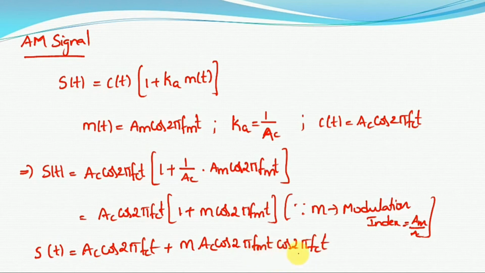Here we are obtaining the product of two cosine signals, cos A cos B. From the trigonometry properties, cos A cos B is equal to 1 by 2 into cos of A plus B plus cos of A minus B. Substituting, we get s(t) equal to Ac cos 2 pi Fc t plus m Ac by 2 into cos of A plus B plus cos of A minus B.